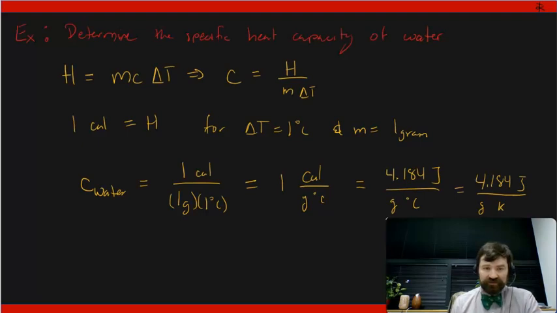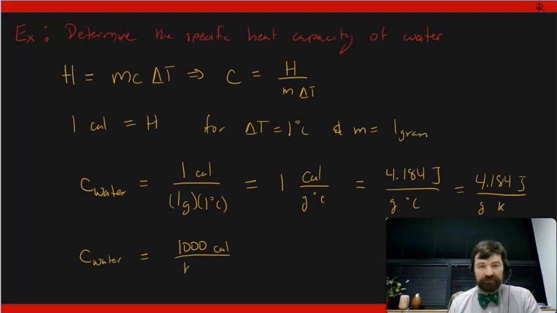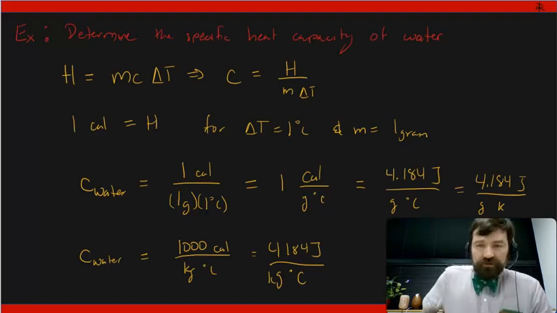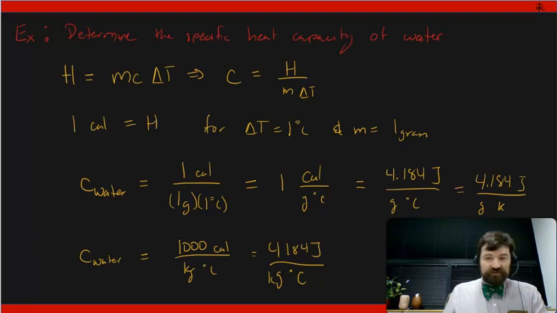If you want to get into kilograms, then the specific heat capacity for water is 1,000 calories per kilogram degree C, or 4,184 joules per kilogram degree C or Kelvin. Okay, so that basically is the specific heat capacity definition for water.